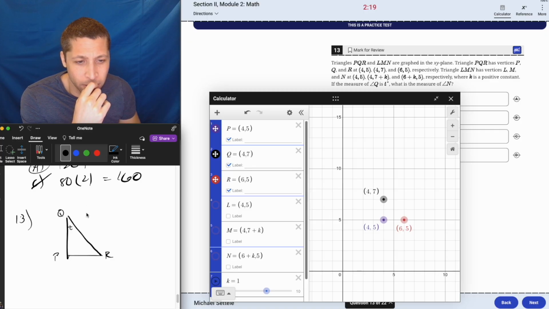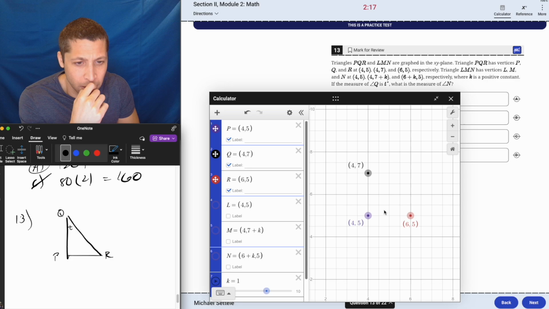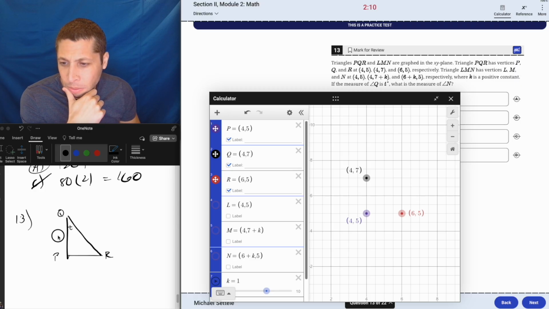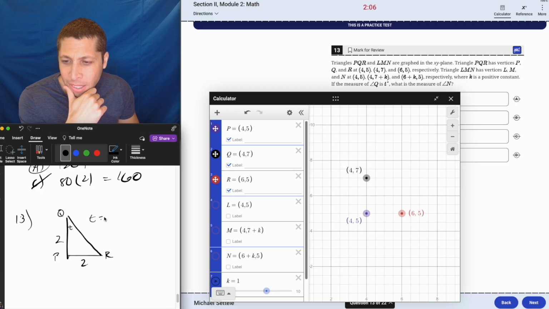So this is, right, so that's 2 and that's 2. So it's a 2, 2. So this is a 45-degree angle, right? Okay, PQR.